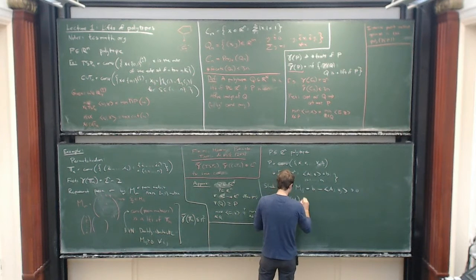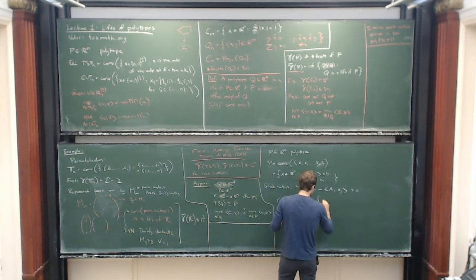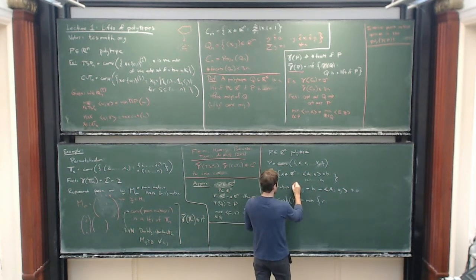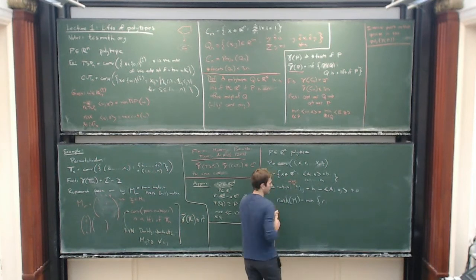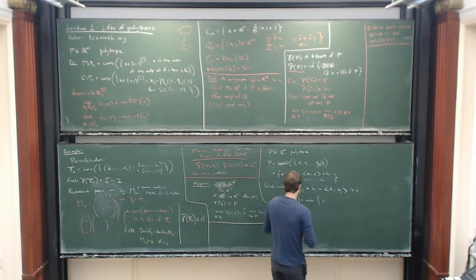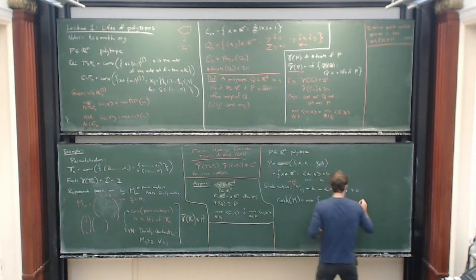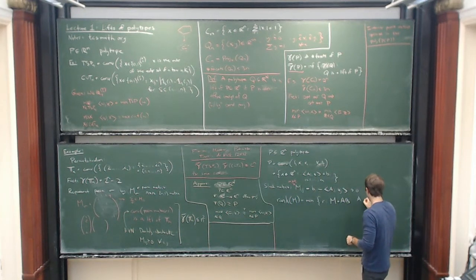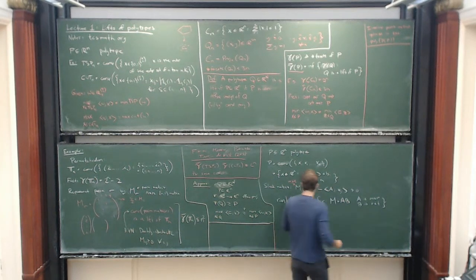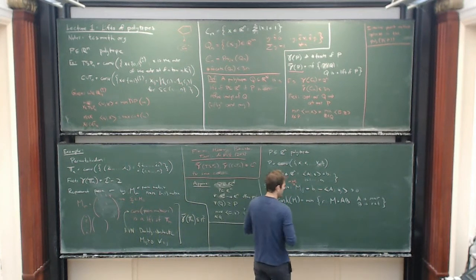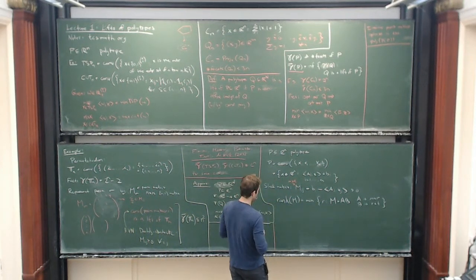The rank of a matrix M is the minimum R, and this is an M by T matrix, so that we can write M as A times B, where A is M by R and B is R by T. That's the usual linear algebraic rank of a matrix over the reals. Everything is real, so that's why it's the rank over the reals.